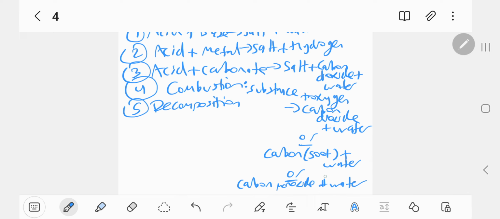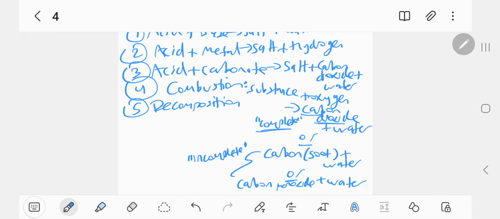So combustion, you've got two main types, if you recall. You've got complete and incomplete. Complete combustion means there's a plentiful supply of oxygen, so you get carbon dioxide. Incomplete comes in two main forms. You've got the formation of soot, which is carbon powder, a black solid, plus water, or carbon monoxide and water.